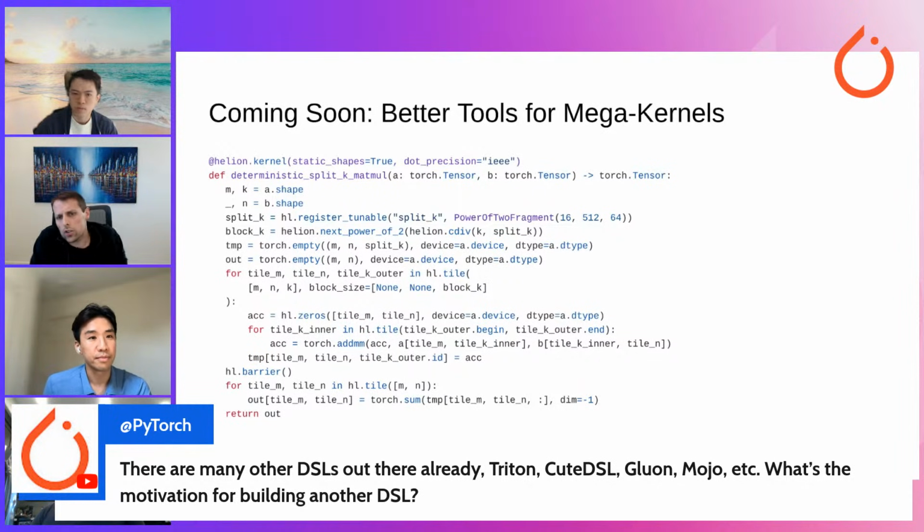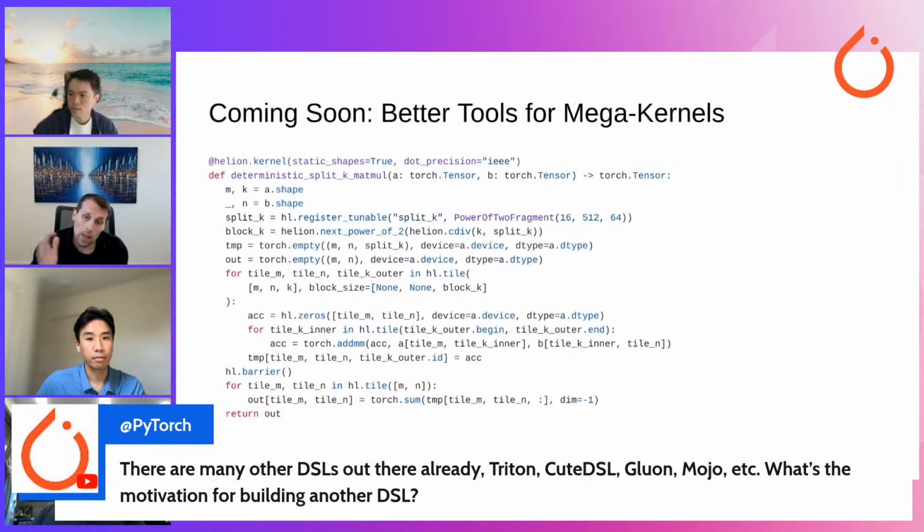Sure. The big difference between Helion and other DSLs is the level of abstraction. A lot of these other DSLs that have been coming out lately are lowering the level of abstraction. They're trying to go closer to the hardware and give people explicit control over low-level hardware details. This comes with some trade-offs.